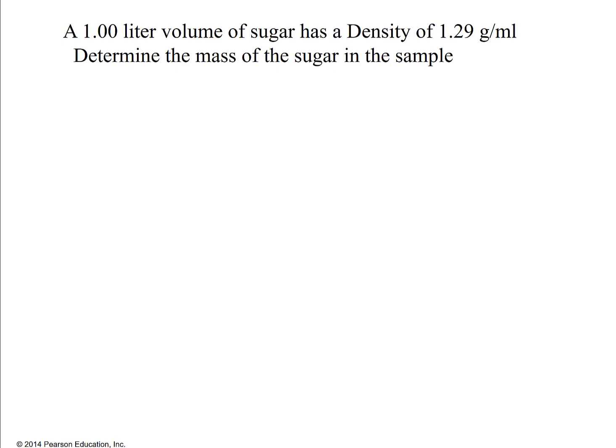So in this, you're given, there's like 3 parts to density. We know that density equals mass divided by volume. So in this, which of these units do we know in the problem? Density.